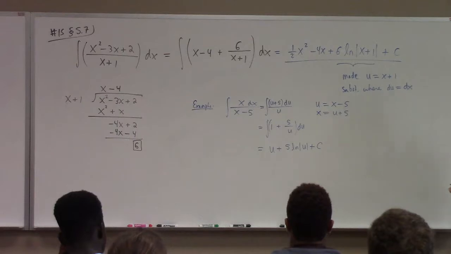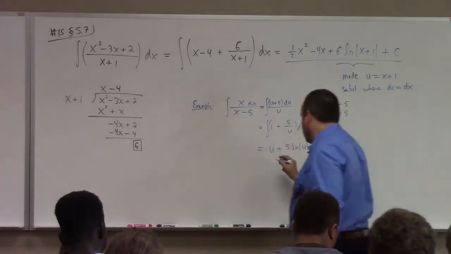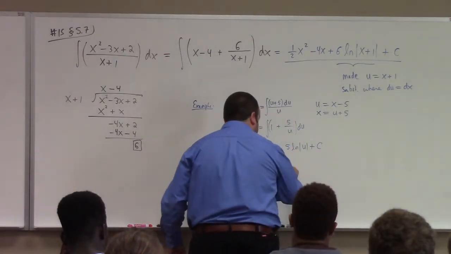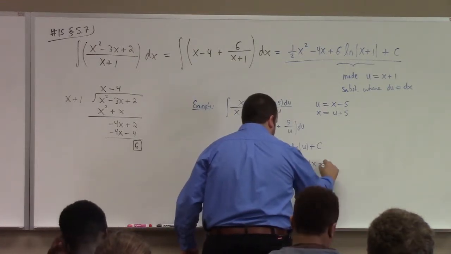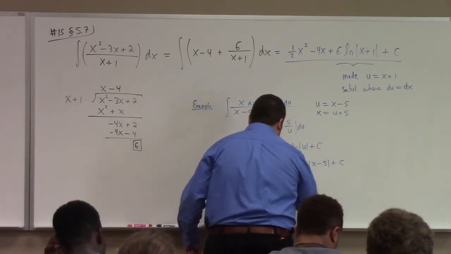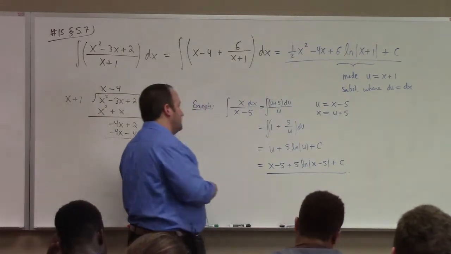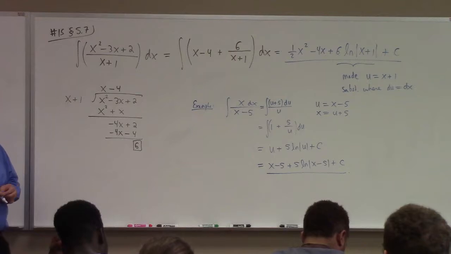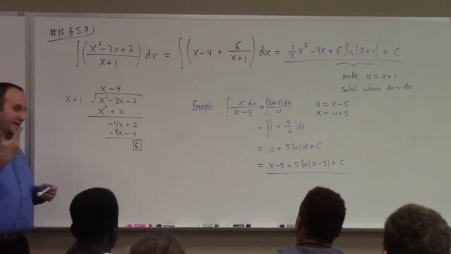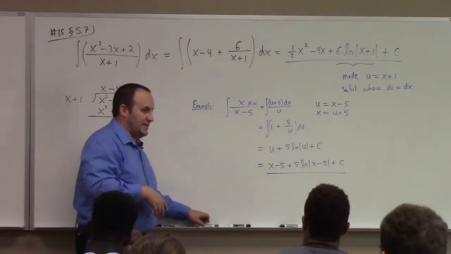Then I need to go back to x, so this is x minus 5 plus 5 times the log of the absolute value of x minus 5, plus a constant. Very good, so u substitution puts this into place. Now there's another way to do it. Let me show you my algebraic way to do it, once you've caught up with me.